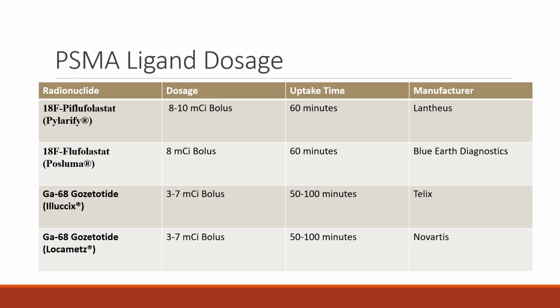The uptake time is also longer for gallium, and that's something that also needs to be considered. So overall, the radiation dose is going to be a little bit lower with the gallium agents. You need to wait a little longer to scan them. That slows down your day and affects your workflow. And then also, pictures are going to look not as great. And so you'll have less spatial resolution and whatnot.